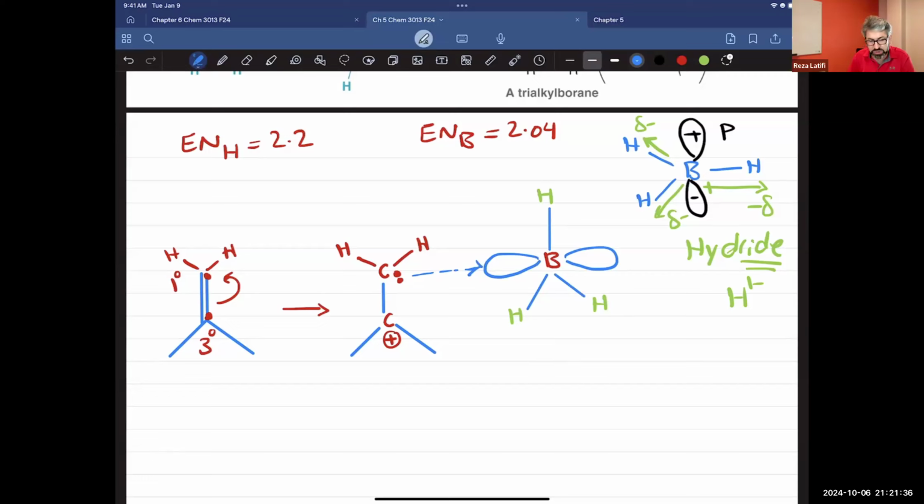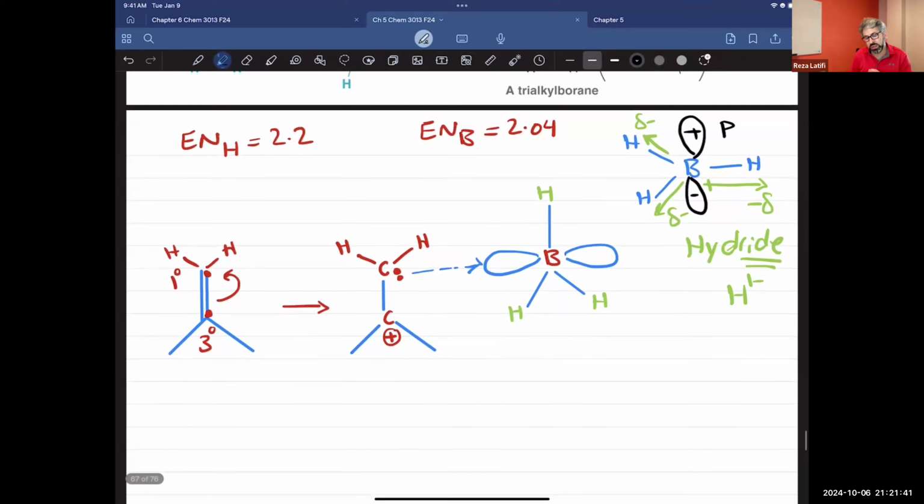While it's establishing a bond with boron, the carbon that has an empty orbital, in this direction, will interact with the hydride. So this hydrogen is going to take these 2 electrons and put them inside the carbon's empty orbital, while the carbon with the lone pair will share them and put them inside the empty orbital of boron. So what do we get?